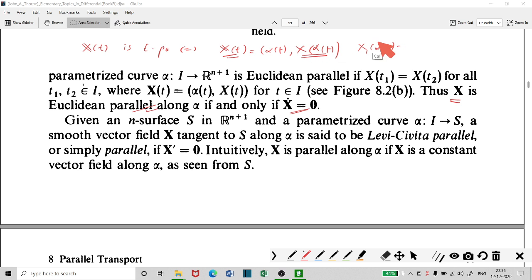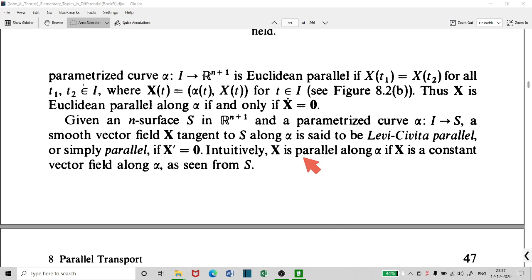So x1 of alpha of t has derivative equal to 0, x2 dash of alpha of t and so on are all 0. Then in particular x dot of alpha of t equal to 0 for every t, which means x is Euclidean parallel along alpha. So this is the definition of a Euclidean parallel vector field along a parameterized curve alpha.